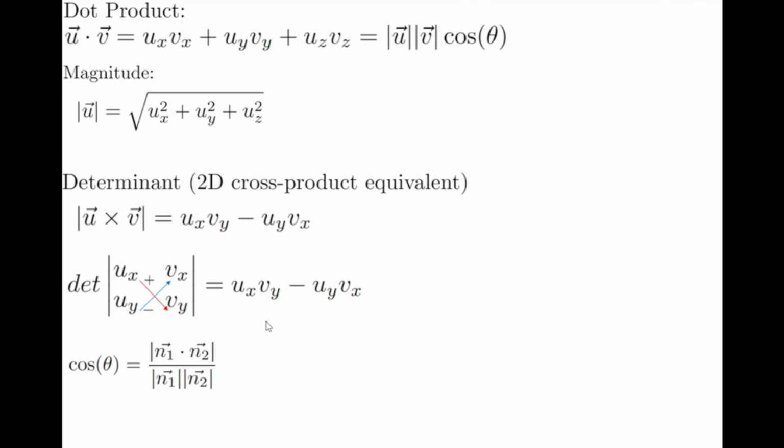To get the angle between two vectors, cosine theta equals n1 dot n2 divided by the length of n1 multiplied by the length of n2. Now, of course, you get here the cosine value, not the angle. So, to get the angle, you need to take the arc cosine.